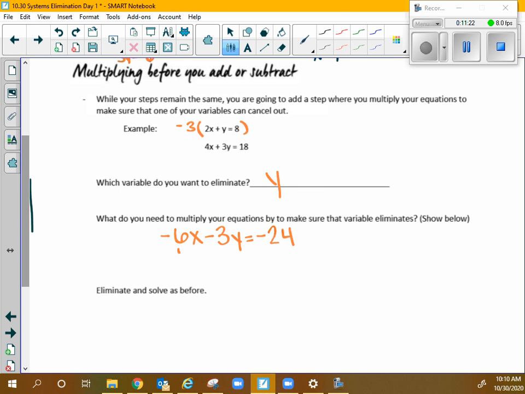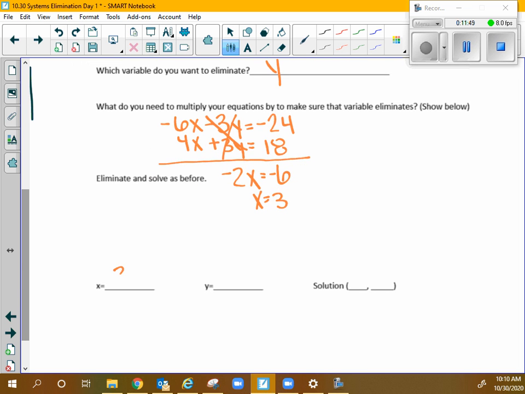I've got 4x plus 3y equals 18. Now am I set to add? Yes. Negative 6x and 4x, negative 2x. Negative 24 and 18, negative 6. X is 3.